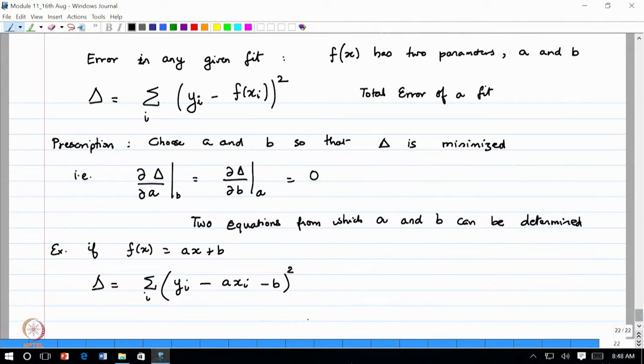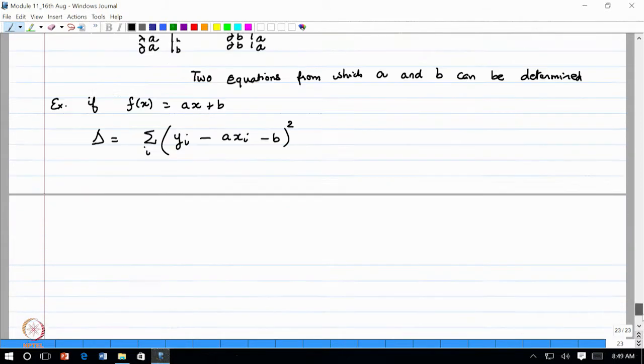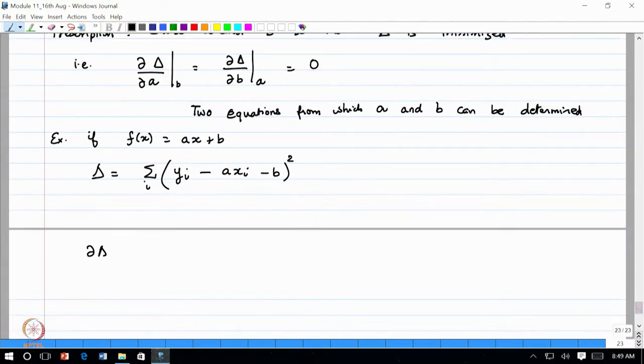Now you can expand this, but you don't actually need to expand it. We'll just leave it like this. Now let us calculate dou delta by dou a equal to 0. If I take the derivative with respect to a, the derivative will go inside this sum. So, I have the sum over i, and now I take the derivative with respect to a of this.